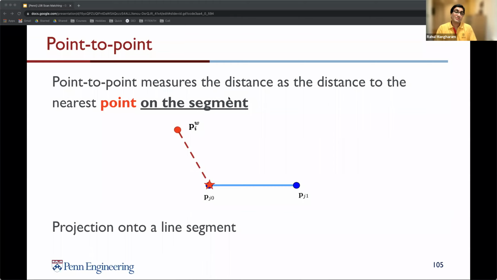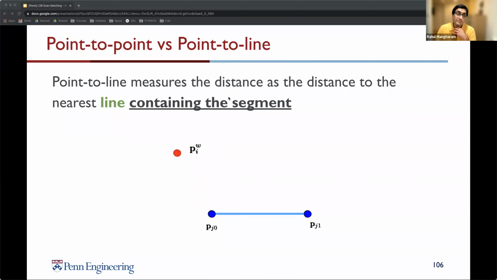In other words, you take the point and project it onto some existing point in the line segment itself, as seen over here. In comparison, the point-to-line metric measures the distance as the distance to the nearest line containing the segment. So now we project the point onto the line that contains this segment.